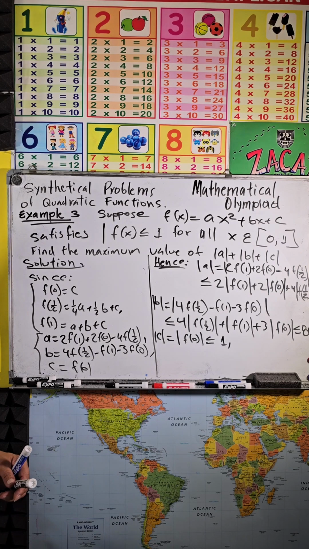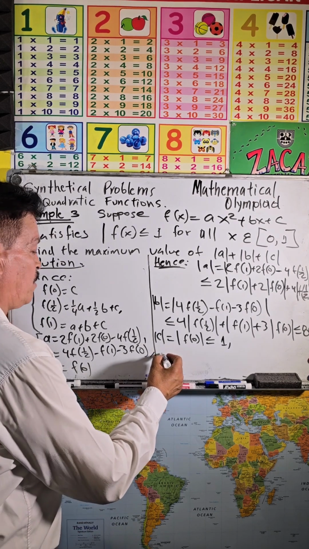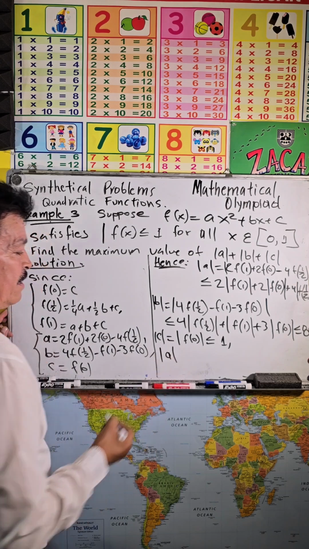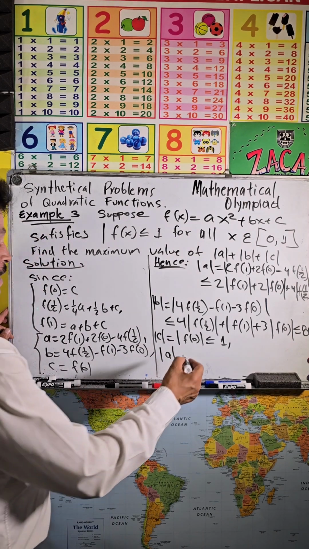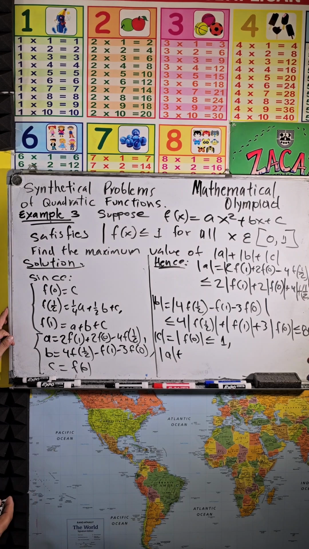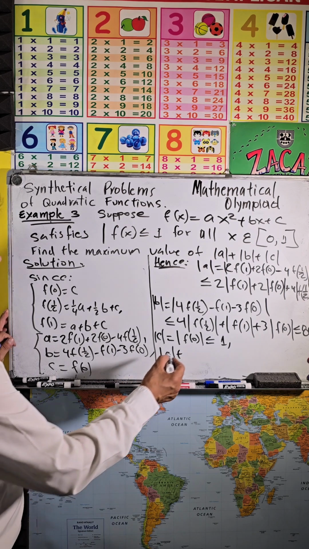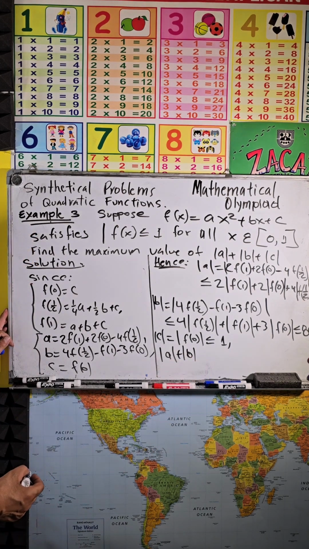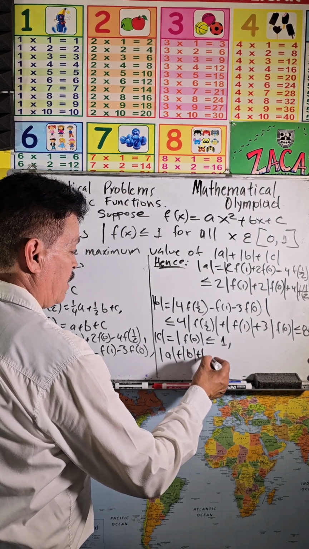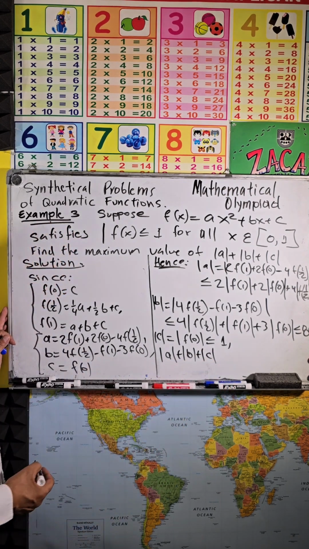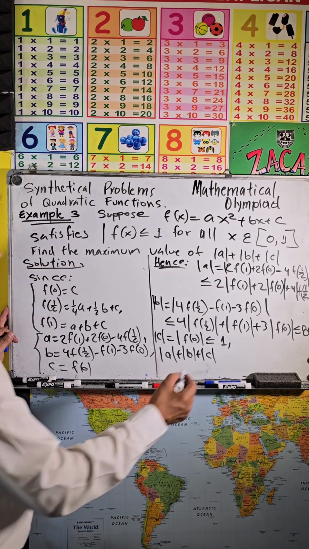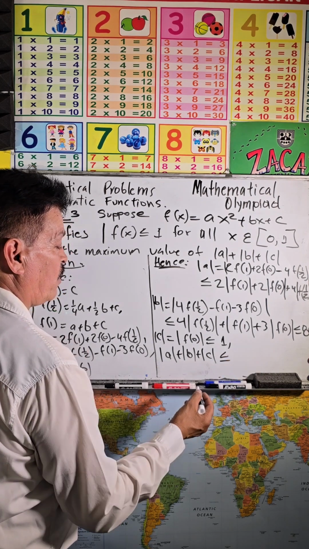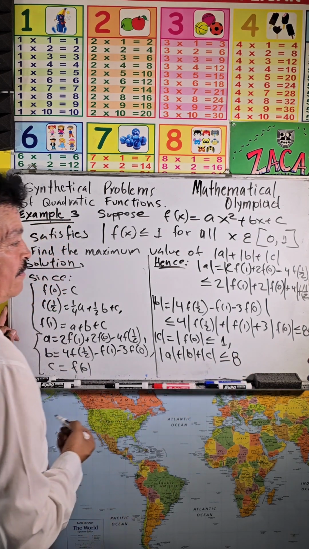So now we will have everything here. We have the absolute value of a, plus b, plus c. You have all variables there. So less than or equal to 8, okay, the first one.